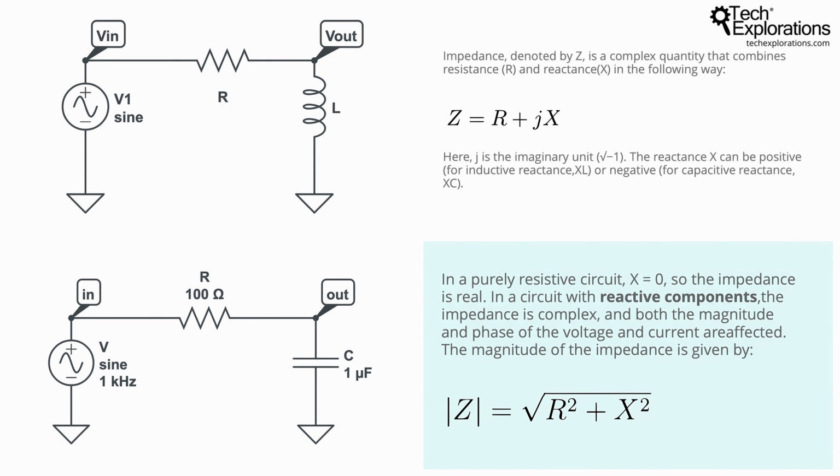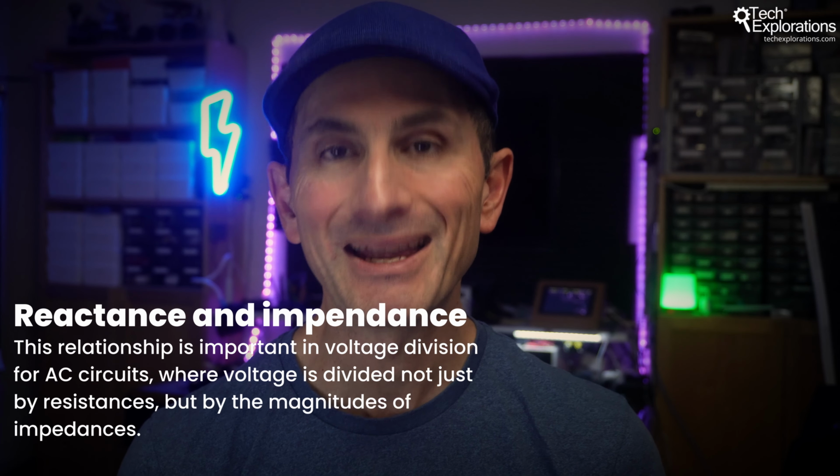In a circuit with reactive components, though, the impedance is complex, and both the magnitude and phase of the voltage and current are affected. The magnitude of the impedance is given by this formula: |Z| equals the square root of R squared plus X squared. The relationship is important in voltage division for AC circuits, where voltage is divided not just by resistances, but by the magnitudes of impedances.